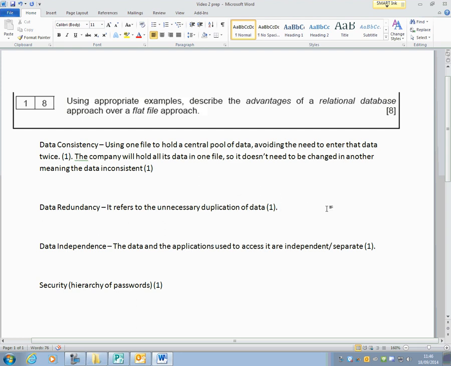In terms of data redundancy, you're basically saying what would happen if a company did hold it in more than one file, which would mean that every time you updated something you'd need to update it in another place.